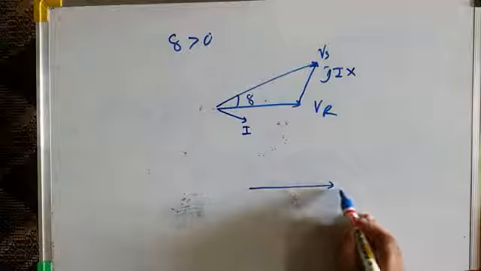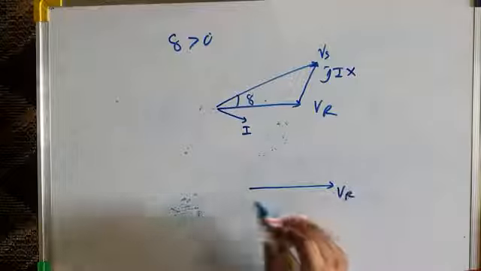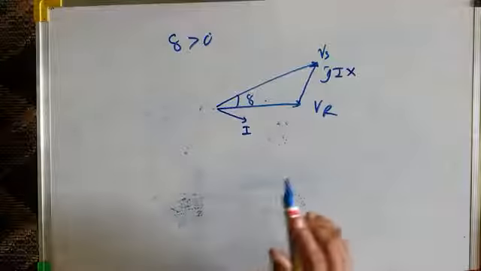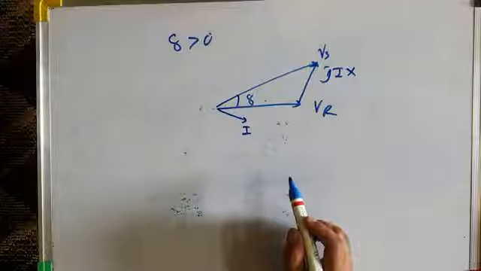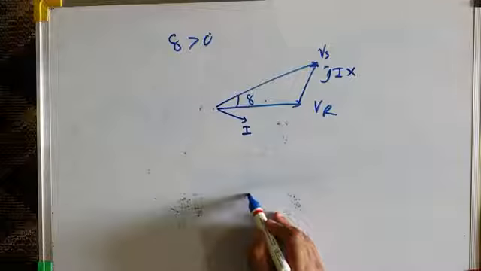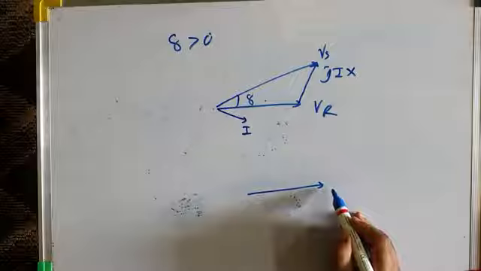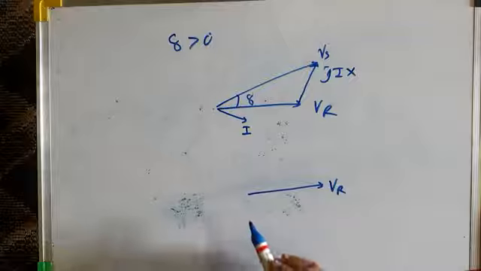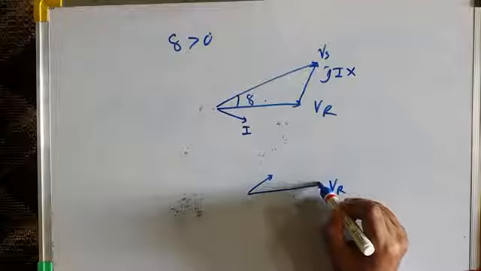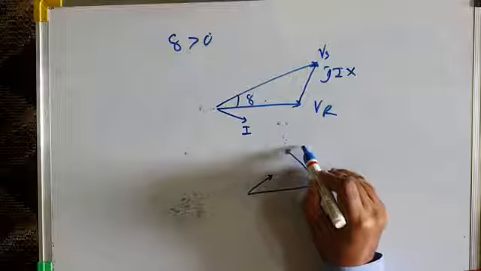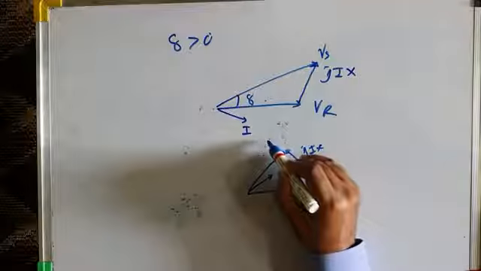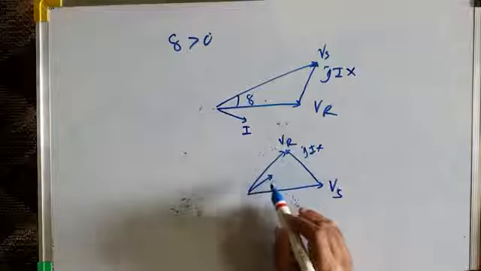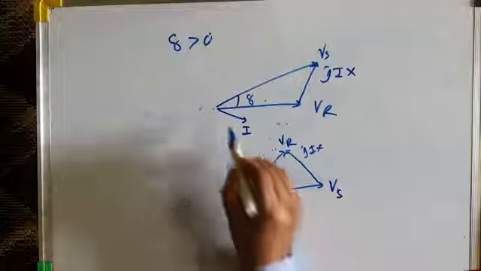If the situation is like this, with VR and current, and jIX, this may be VS, this is VR, this is delta, this is phi, here also this is phi.